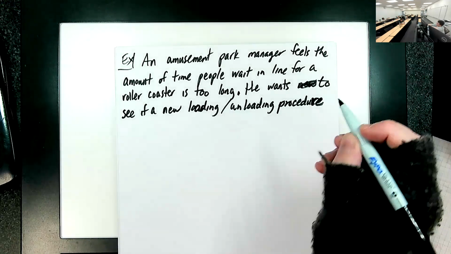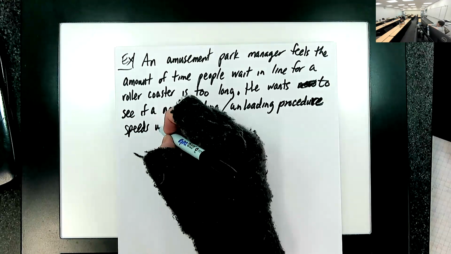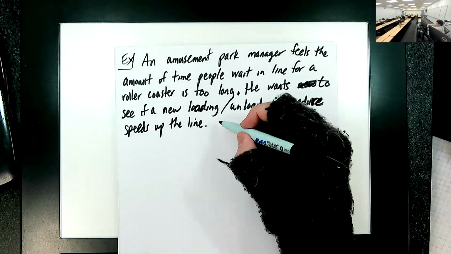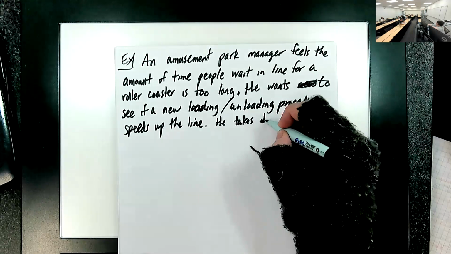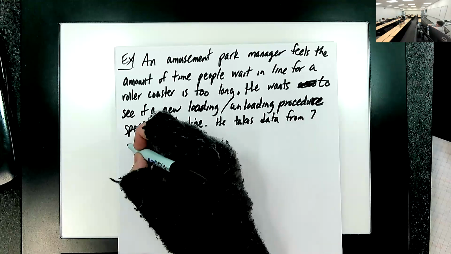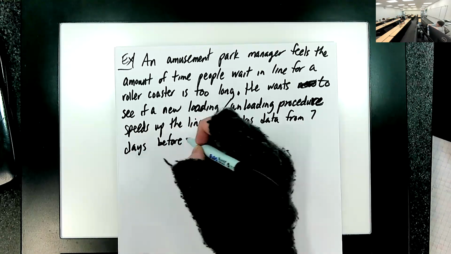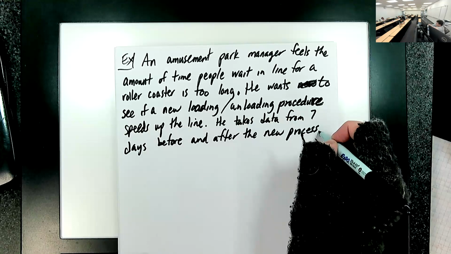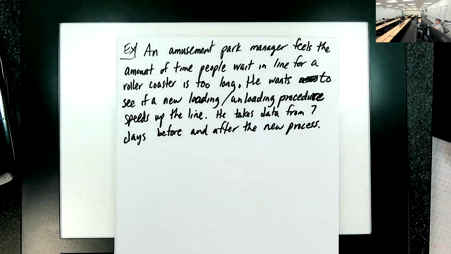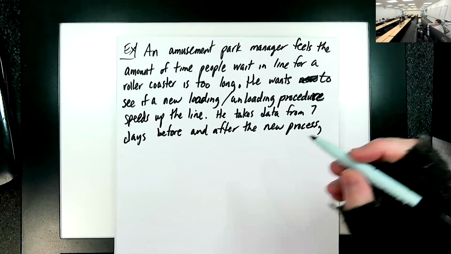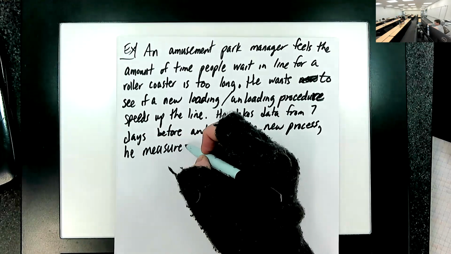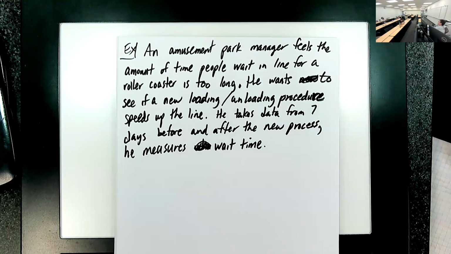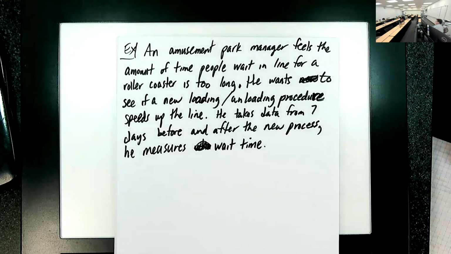He takes data from 7 days before and after the new process. And he measures how long people wait. He measures wait time. And I will give you a column of these results.